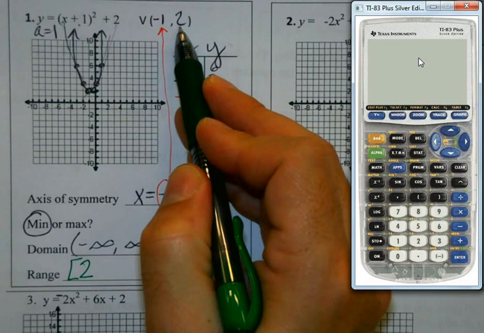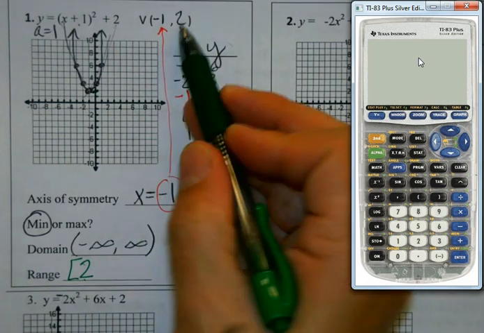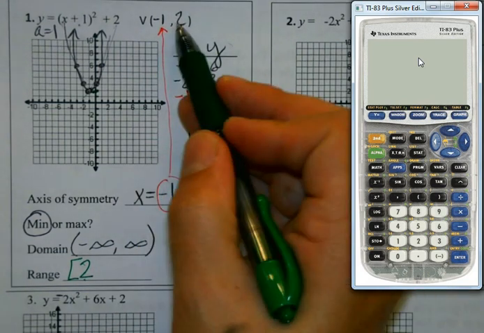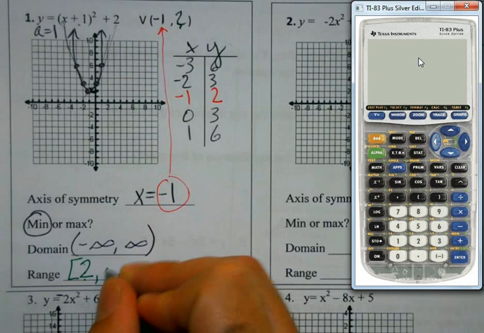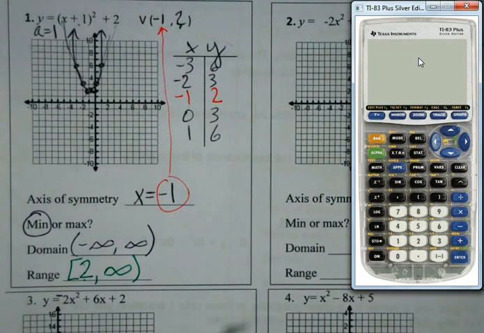Oh. Matches up with this value, and it always will. And then it goes up forever. I mean, you're looking there at a 5-point question, but there's really not a lot of parts that should cause us too much trouble.